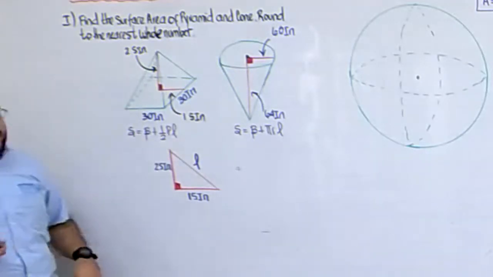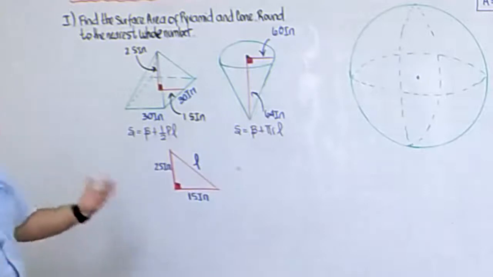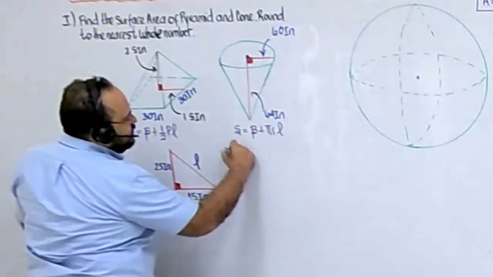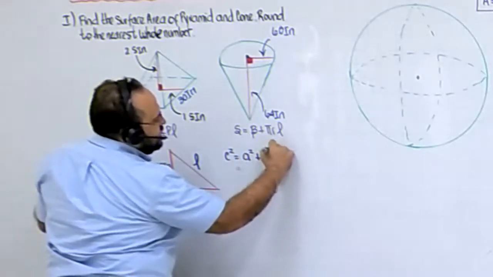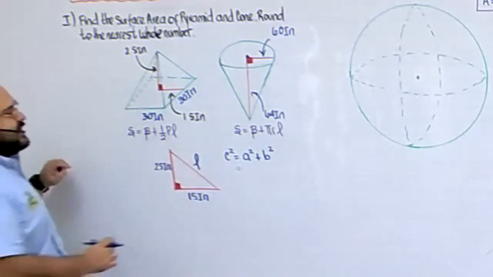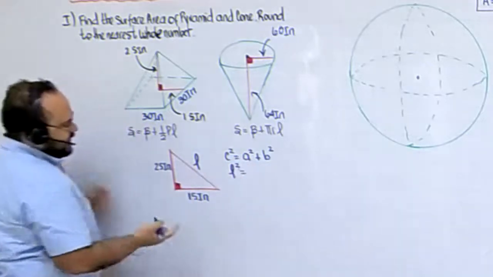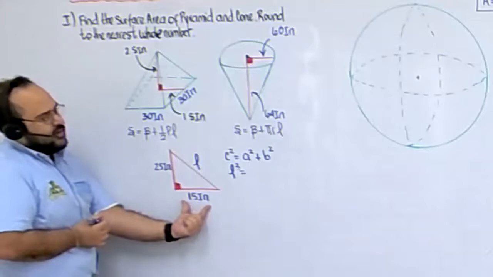How can we find this slant height? Simple, remember, we can apply the Pythagorean theorem. What is the Pythagorean theorem? Remember, c squared equals a squared plus b squared. In this case, the letter c will have the value of the slant height. That will be L squared equals the value from a.